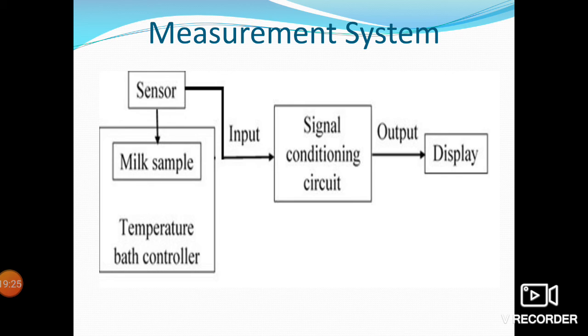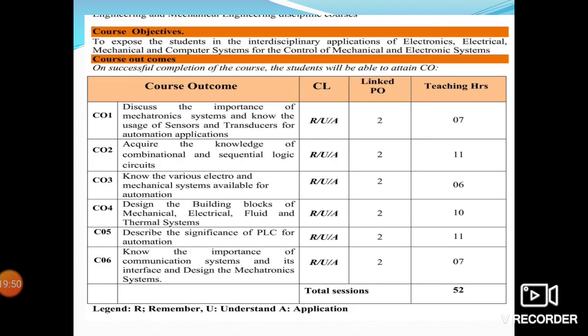The display is nothing but the final output given by a measurement system. So you need to understand that a measurement system basically consists of three important elements. One is the sensor, the second component is a signal conditioning circuit, and the third component is a display. All together we call it a measurement system.